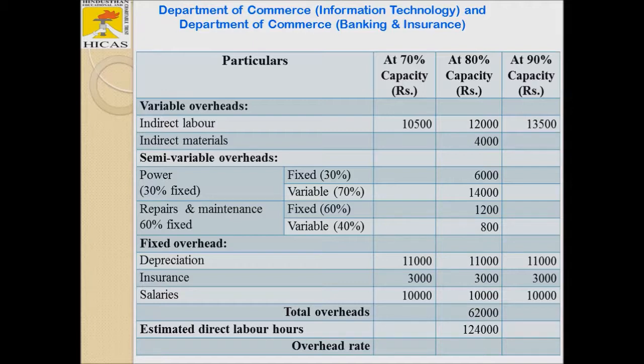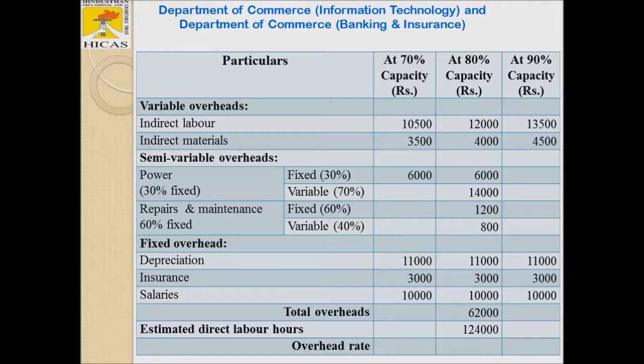Similarly, for 90% capacity you use 12,000 divided by 80% into 90%, which results in 13,500. And we will move to indirect material. At 80% capacity we spend an amount of 4,000. At 70% we calculate it as 4,000 divided by 80% into 70%, which amounts to 3,500. Likewise, we make the calculation for 90% and arrive at an amount of 4,500.